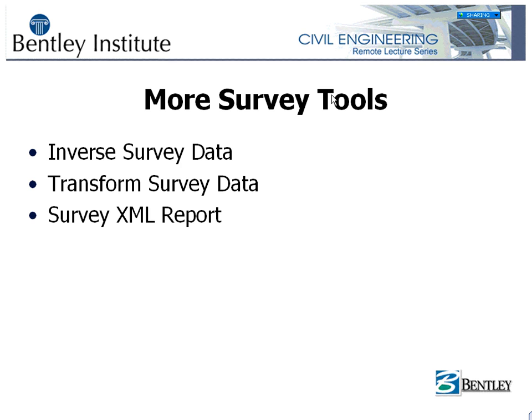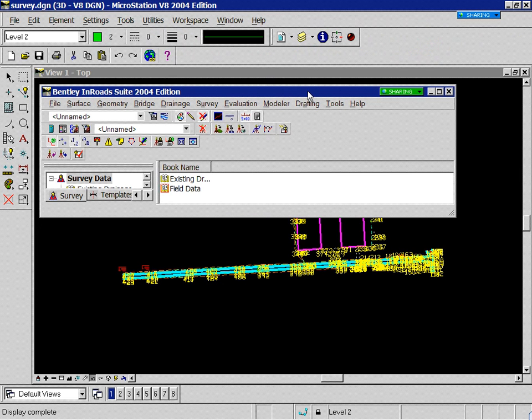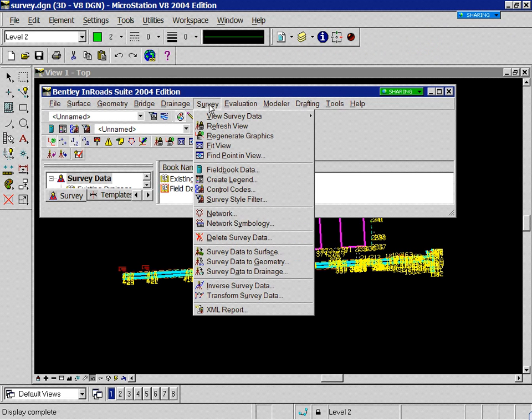And other tools that are available are the inverse survey data and transform survey data commands. And we'll also look at how to create XML reports from your survey data. So let's go to Survey, Inverse Survey Data.